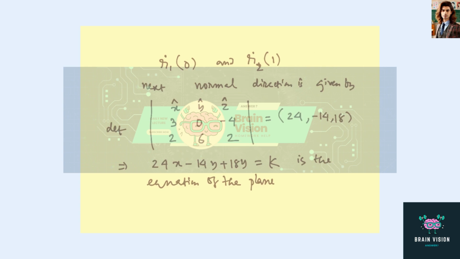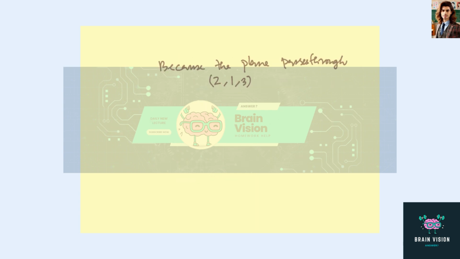If I take x is equal to 2, y is equal to 1, and z is equal to 3, I substitute those, so this is going to be 24 times 2 minus 14 times 1 plus 18 times 3. So it should be equal to k. So let's evaluate our k. So k is going to be 48 minus 14 plus 54.